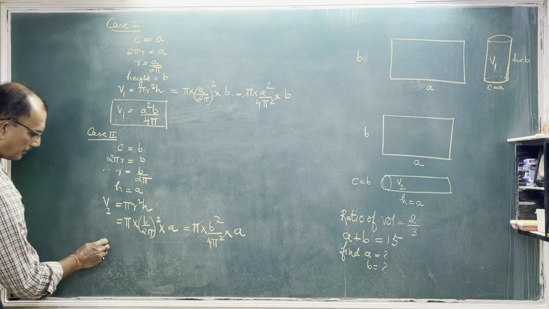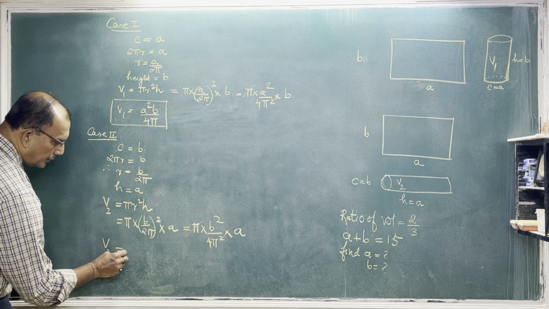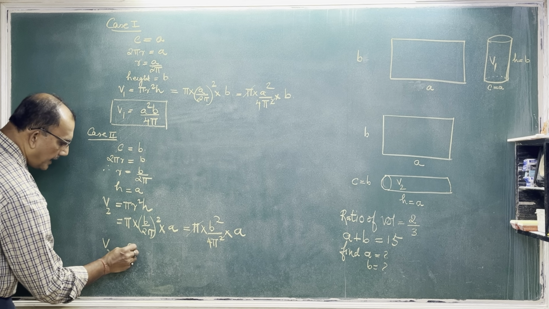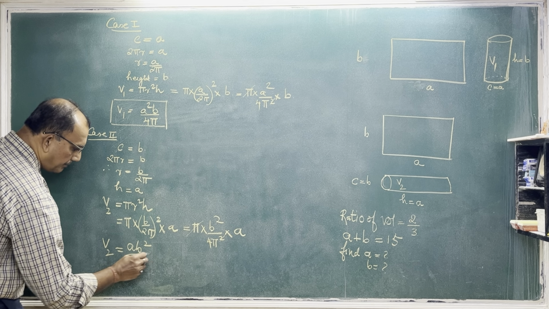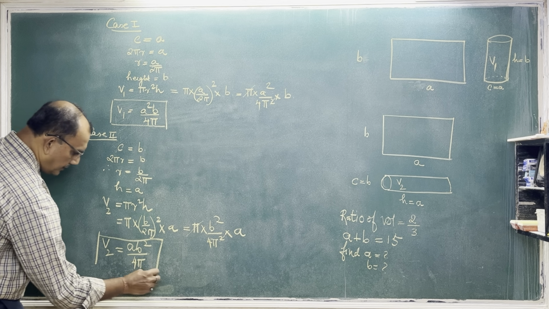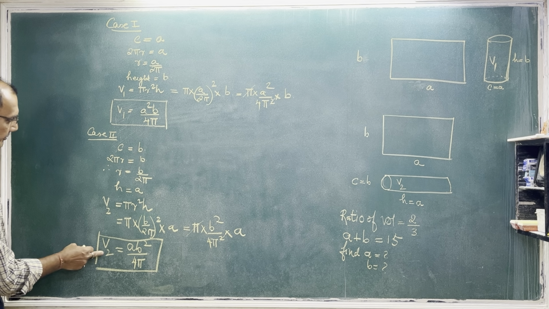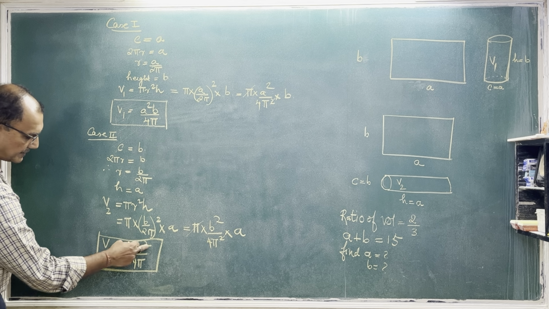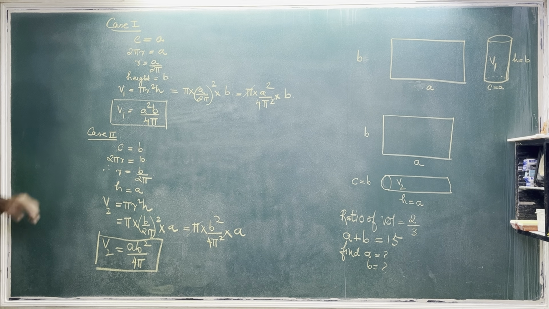So my volume V2 is going to be equal to A B square upon 4 pi. So I have got both the volumes.